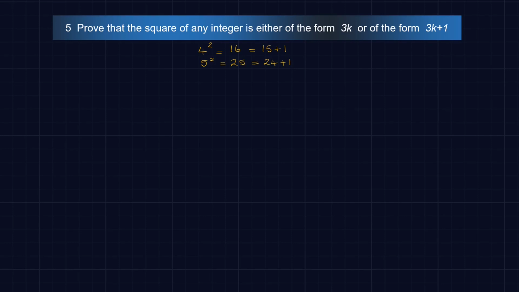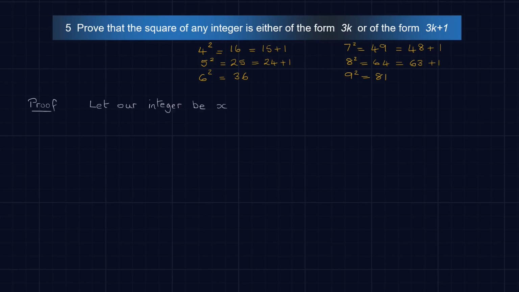Again, it's a 3k plus 1. 6 squared, 36. 3 times 12, it's of the form 3k. 7 squared, 49. 1 more than 48. That's a 3k plus 1. 8 squared, 64. 1 more than 63. A 3k plus 1. 9 squared, 81. That's of the form 3k. Hopefully that will give us some ideas for our proof.